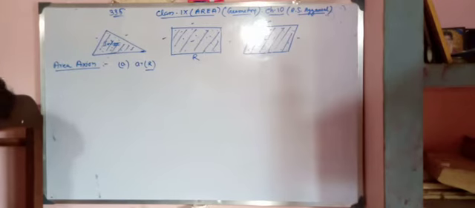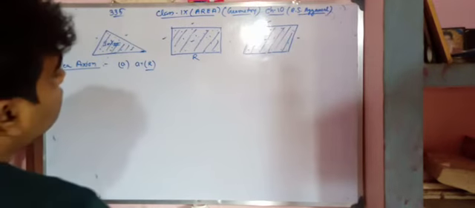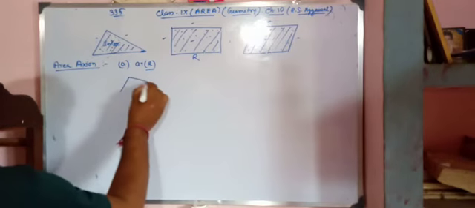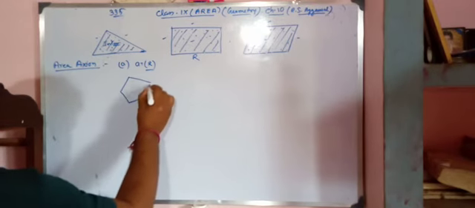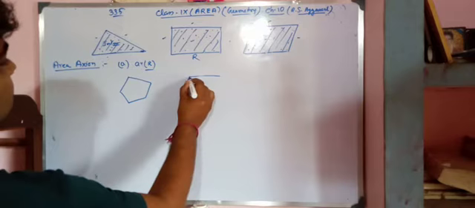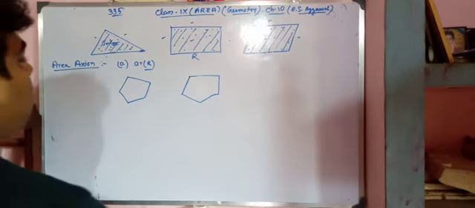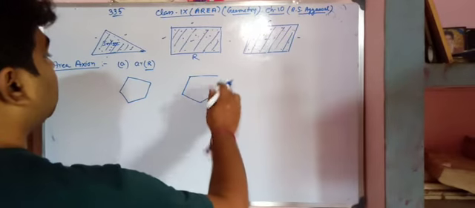For polygonal regions R1 and R2, if we take two polygons, this is one polygon and this is another polygon.